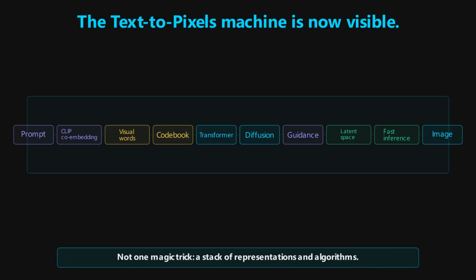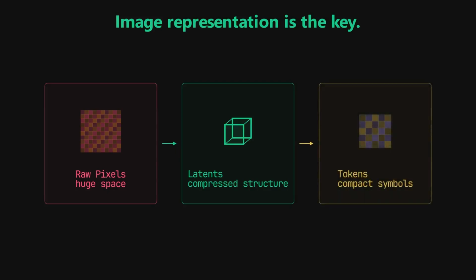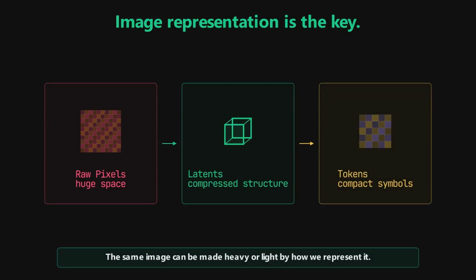We started from a prompt. Then we moved through co-embedding spaces, visual words, codebooks, transformers, diffusion, guidance, latent spaces, and efficient inference. The text-to-pixels journey is not one magical box. It is a machine made of many layers. And the first big lesson is this. Image representation is the key.